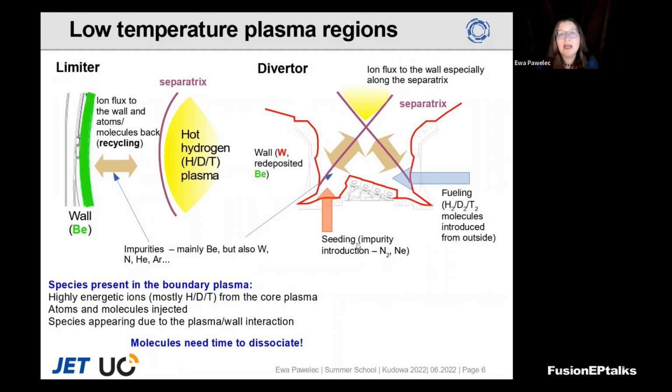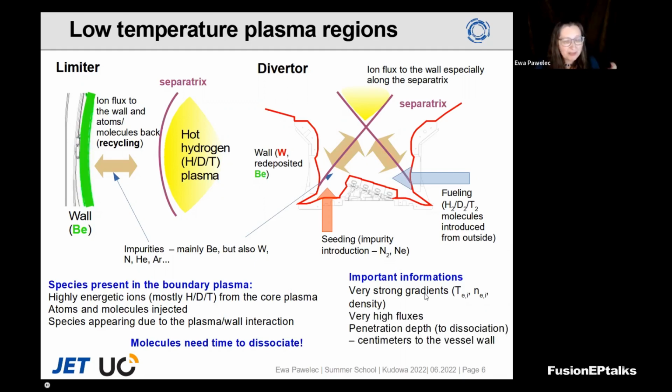And seeding, in many cases, is also done into the divertor because we want a seeded plasma in the divertor. So here we have a very complex plasma with very strong gradients, with the temperature, density of the electrons, density of everything else. We have very high fluxes, and we have the molecules that are penetrating back into this hot plasma. And this penetration is centimeters from the vessel wall.